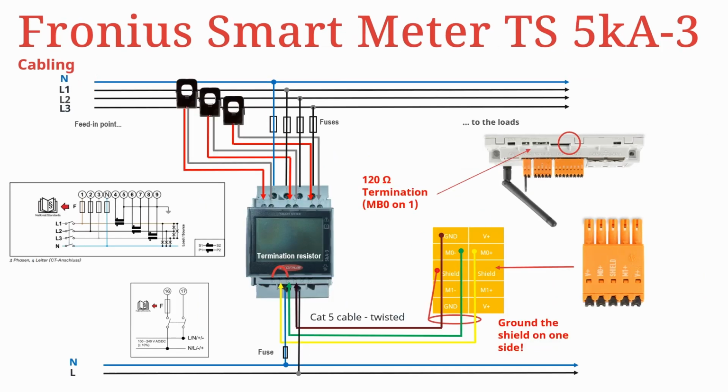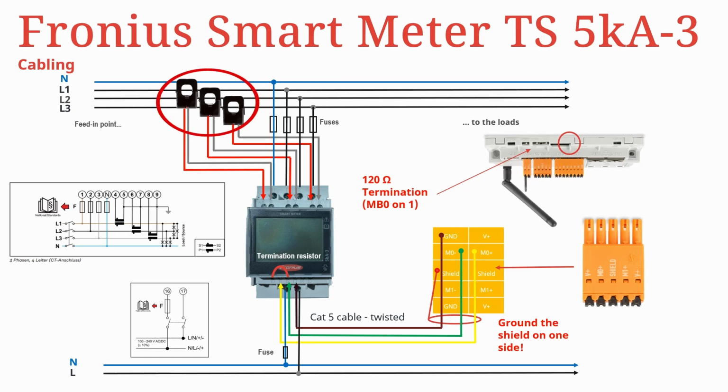So here we have the wiring diagram of the 5 kA smart meter, so let's also have a quick look at it in detail. The connections of the phases coming from the mains are clearly shown again above. So here we take again the individual phases for voltage measurement from the available phases and the neutral conductor and connect them to the smart meter.